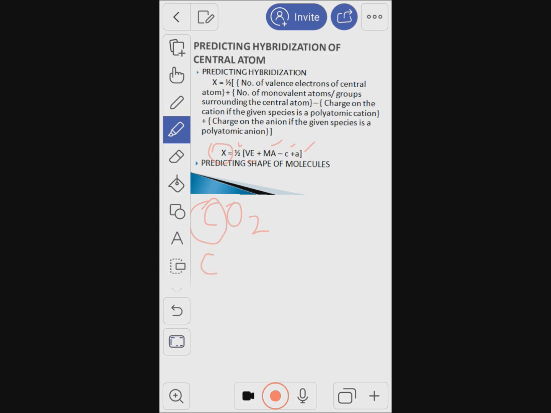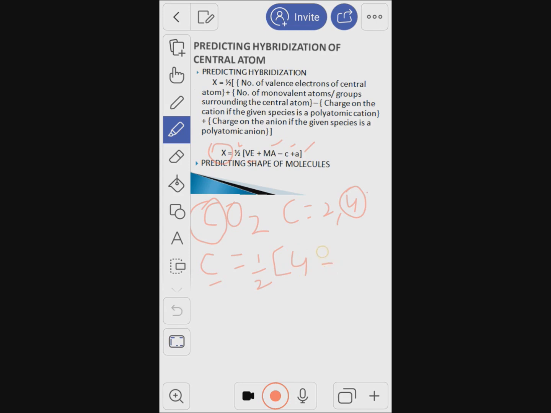Here we will calculate the hybridization of carbon. 1 by 2 into the number of valence electrons of carbon. Atomic number of carbon is 6. It means it has 4 valence electrons, 4 electrons in the outermost shell.